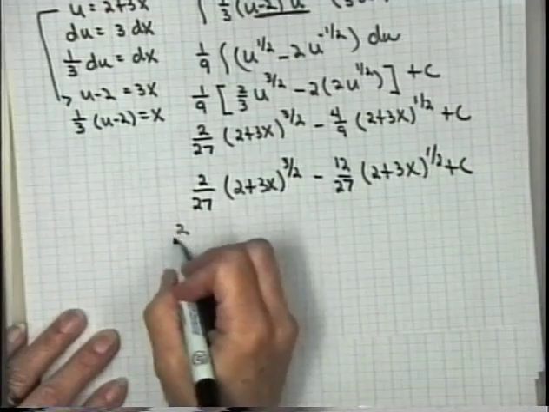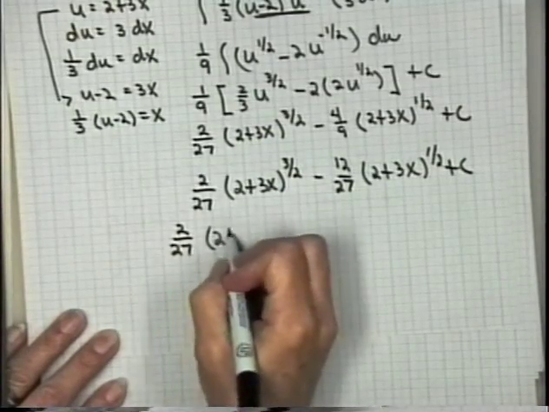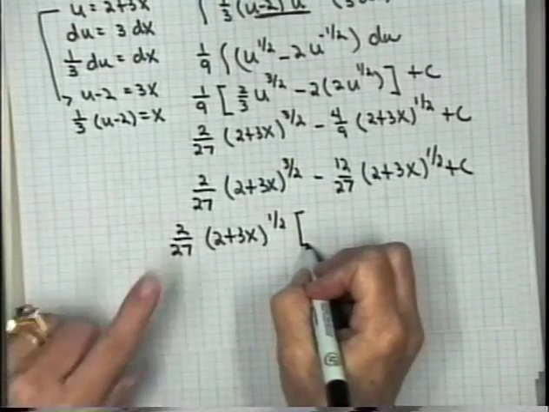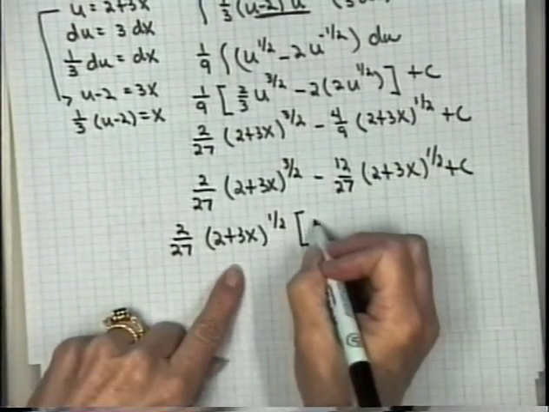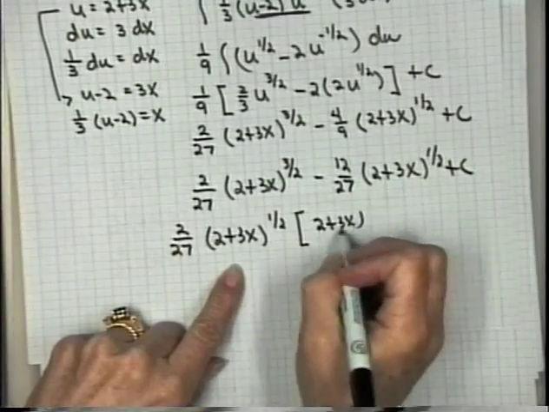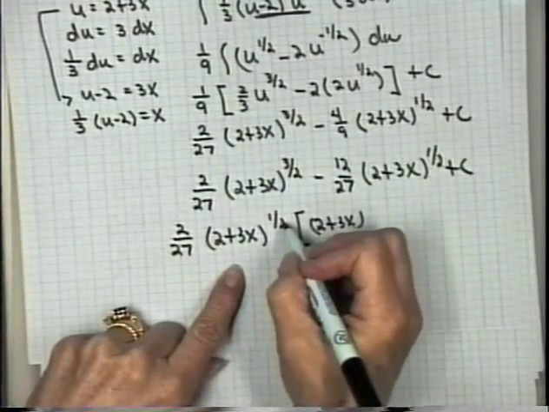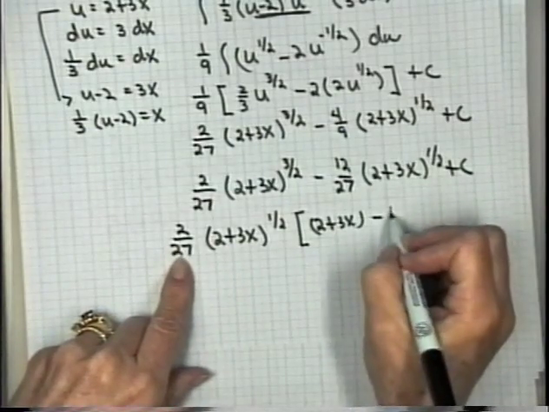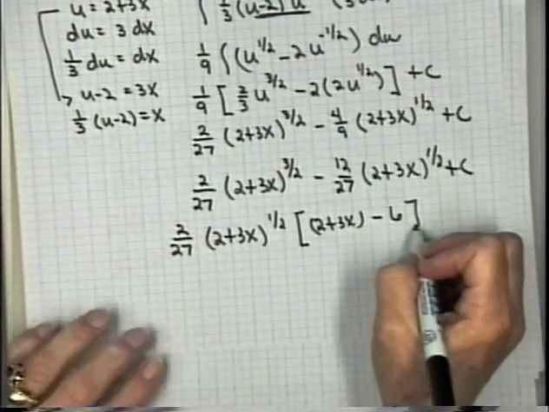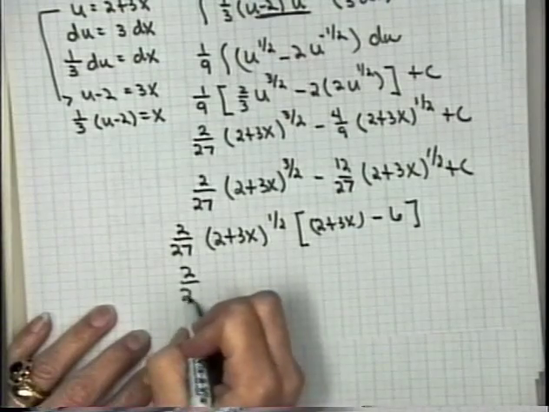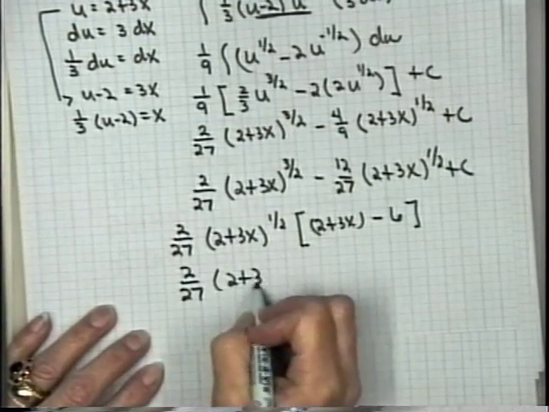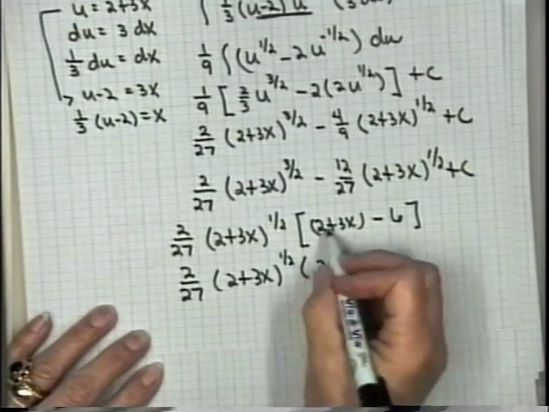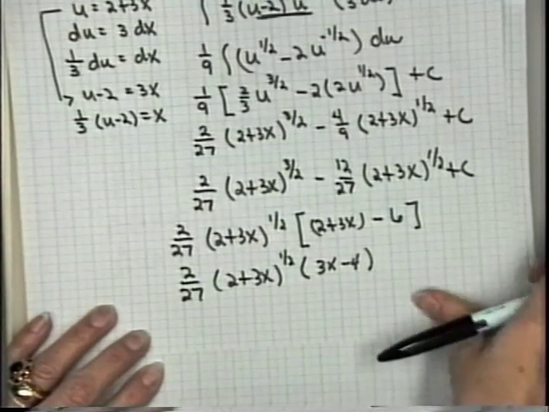Again, we can factor out 2/27, and we can factor out 2 plus 3x to the 1/2 power. So this came out. I will have 2 plus 3x to the first power left here, minus, if I take 2/27, I have a 6, and that came out. Look what happens when we simplify. I have 3x. 2 minus 6 is a negative 4.